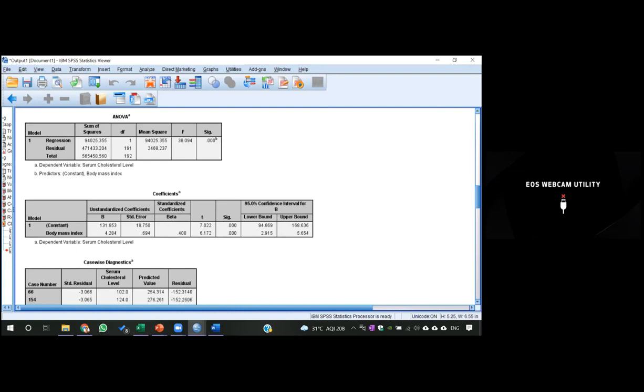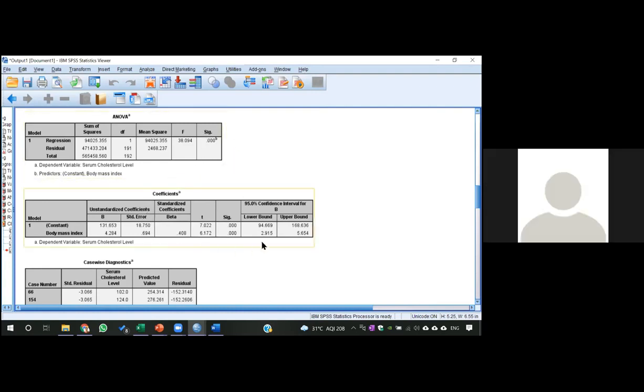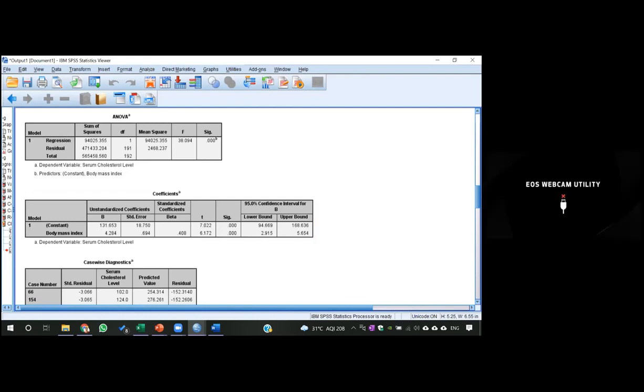No, I don't think so. If ANOVA is not significant, then this will not be significant. But I have not checked it. I'll have to see a reference before saying anything. But my normal sense says that if it is not significant, the coefficient should not come significant.